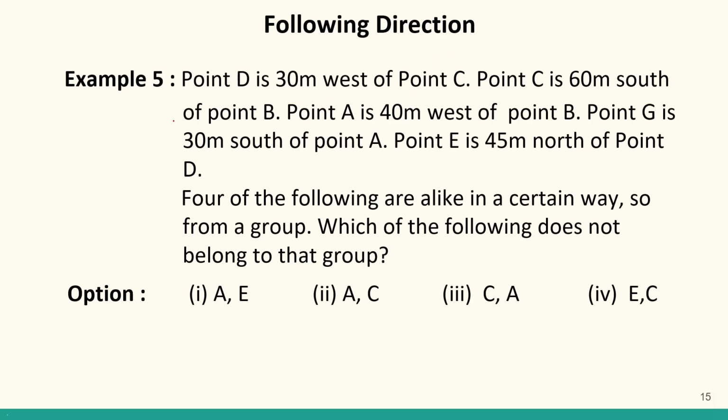Now let us look at this question. Same information is given to us, and a different question is given to us. So let us draw the diagram. For your reference, I am drawing the simple direction diagram.